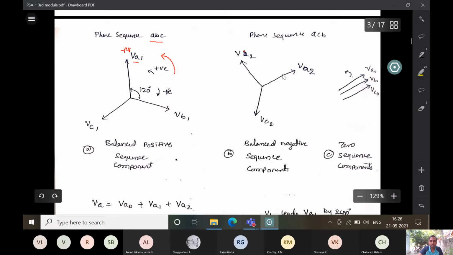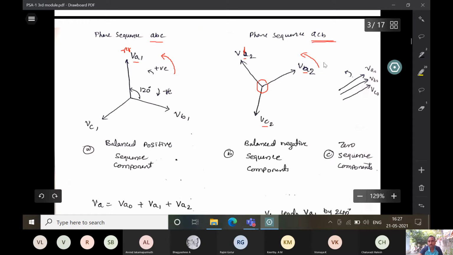VA1, VB1 and VC1 means ABC is your phase sequence. Now this is VA2, this is VB2, and this is VC2. All are 120 degree apart. In the anti-clockwise direction, the phase sequence will be in the reverse order: A2, C2, and B2, ACB.